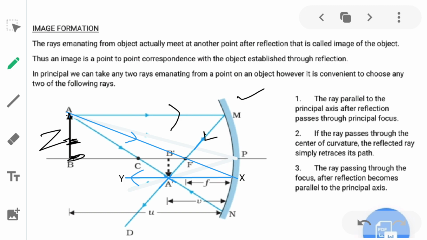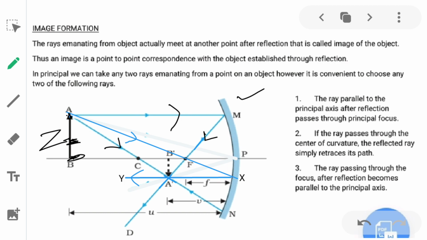The second ray that we can consider is, if the ray passes through the center of curvature, then the reflected ray simply retraces its path. It goes back in the same direction. So, which is the ray that passes through the center of curvature?